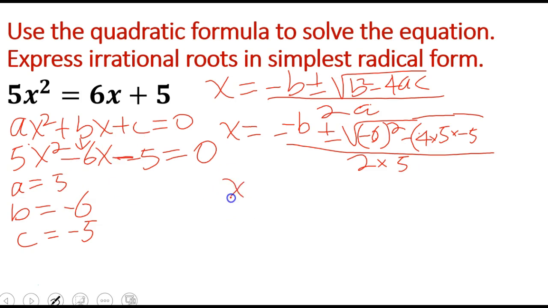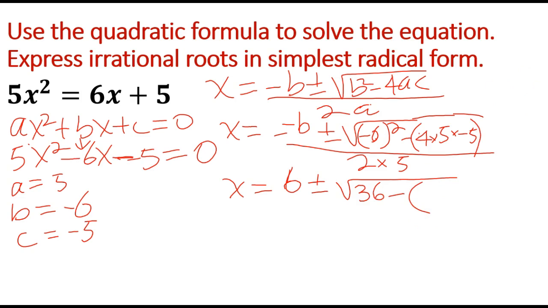So we have x equals, the opposite of negative 6 becomes positive 6, plus or minus the square root of negative 6 squared, which is 36, minus. Make sure you simplify all multiplications before you subtract. 4 times 5 is 20, and 20 times negative 5 is negative 100.